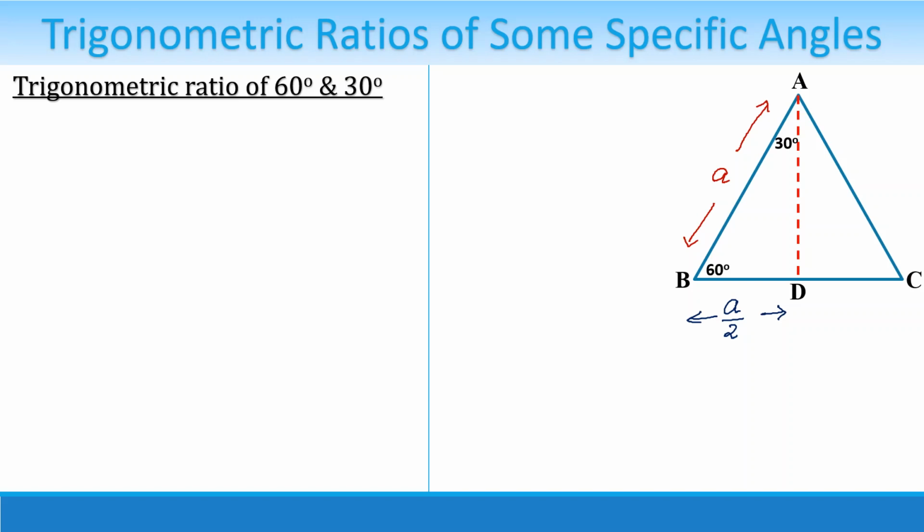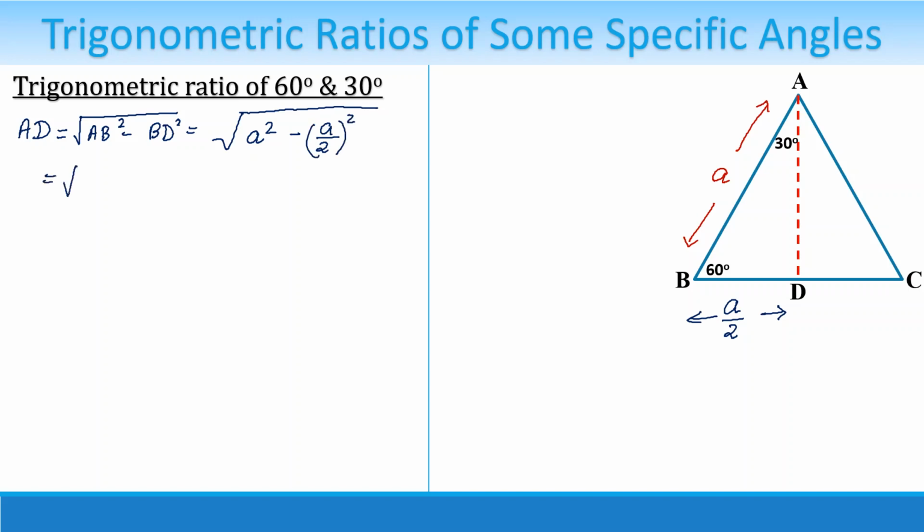So we calculate AD using the Pythagoras theorem. Using the Pythagoras theorem, the length of AD will be square root of AB square minus BD square. Further simplifying, AB is of a unit, so a square, minus BD is a by 2, so it will be a by 2 whole square.